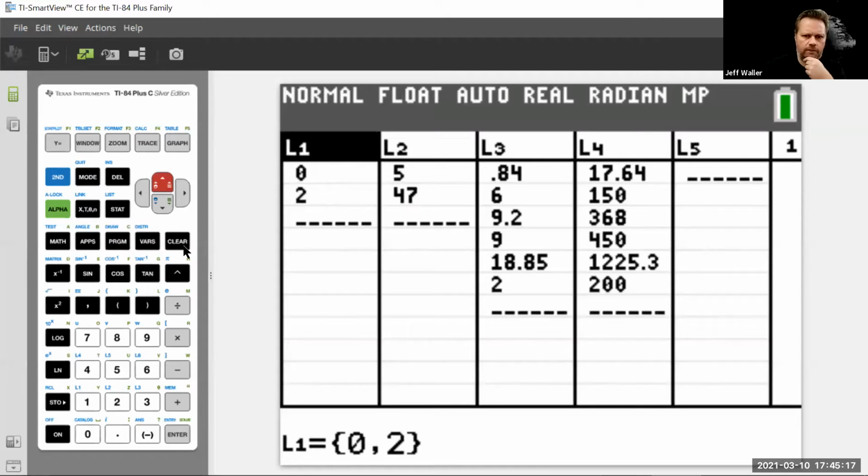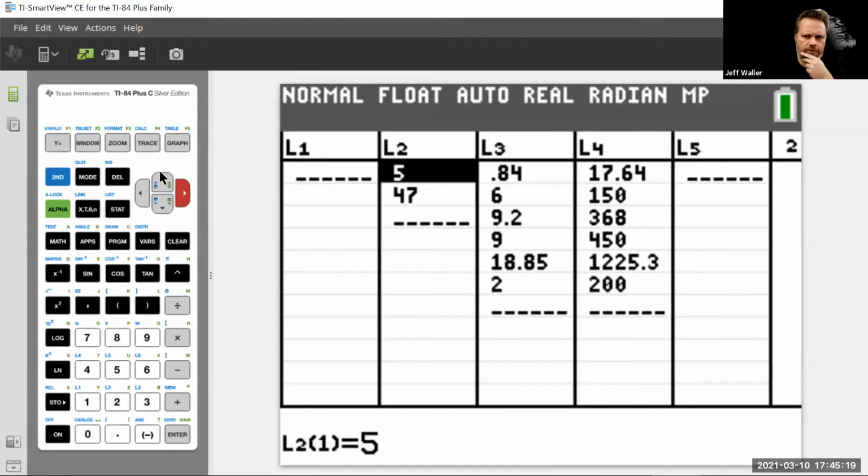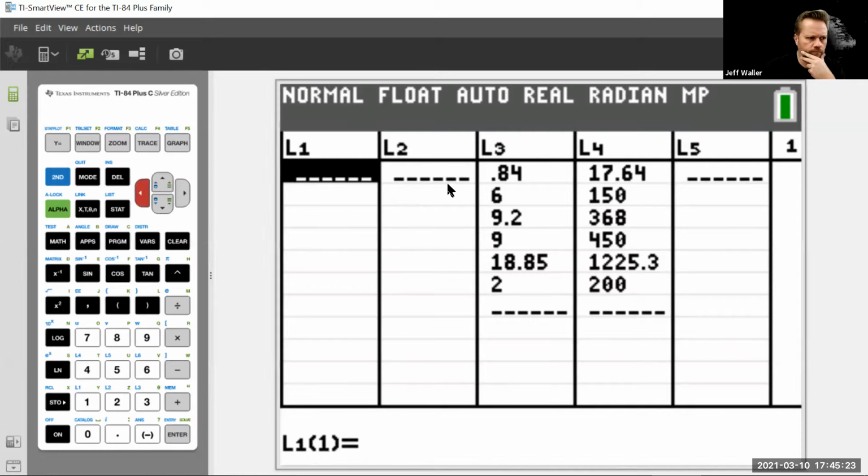Hold on. Oh no, did I close my calculator? Okay, so right now your lists are empty, right?